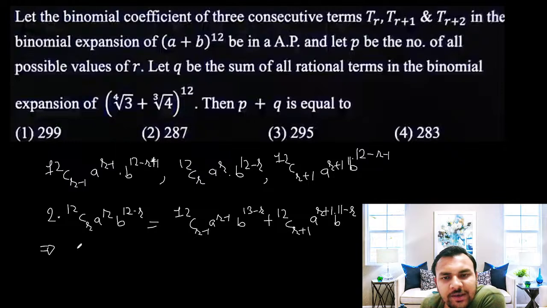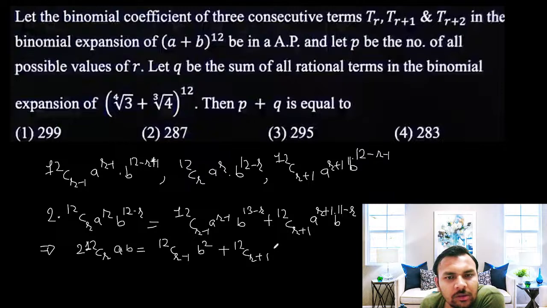To multiply it, we can say that 2 12Cr a b equals 12C(r-1) b square plus 12C(r+1) a square.